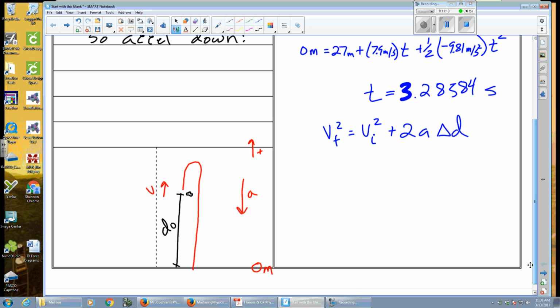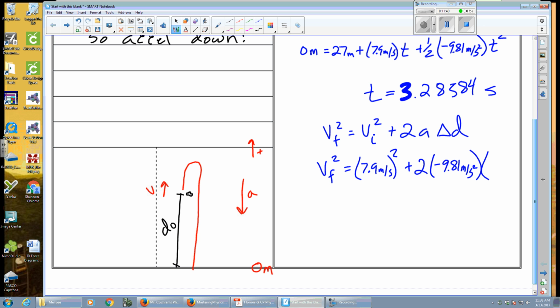So my final velocity, that's what I'm looking for. Most common mistake will be to forget the square. My initial velocity was 7.9 positive, I square that. Plus 2, my acceleration is negative 9.81 meters per second squared.